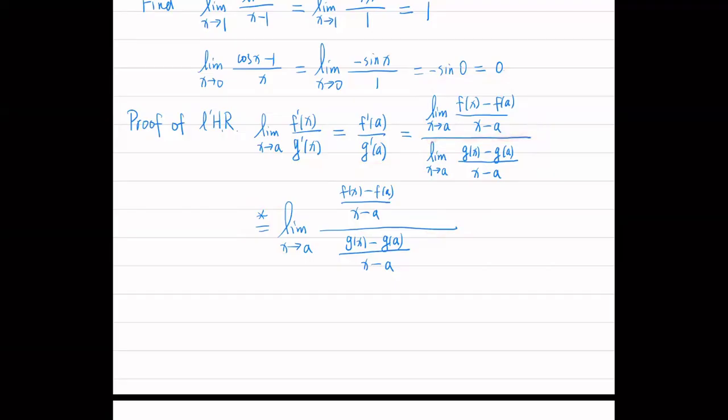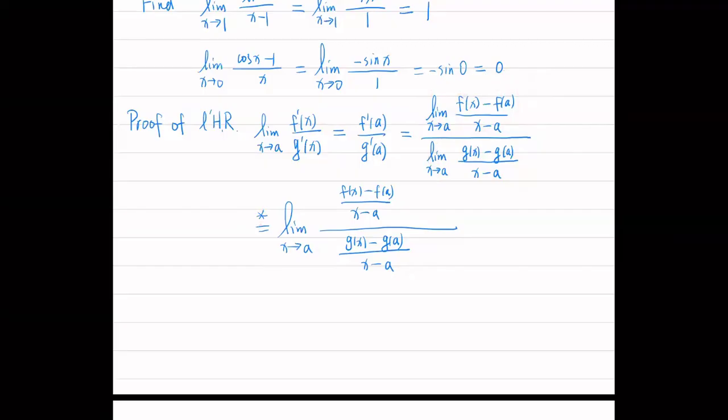This one is the quotient of two limits. We take a limit first, then we take the quotient. This one we take the quotient and then one limit.